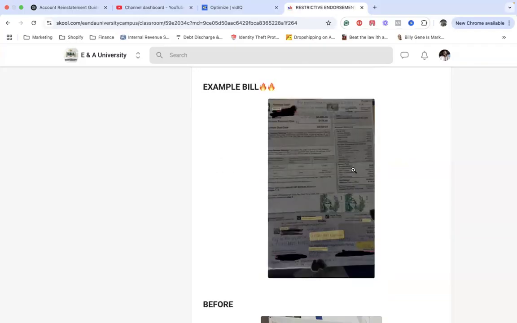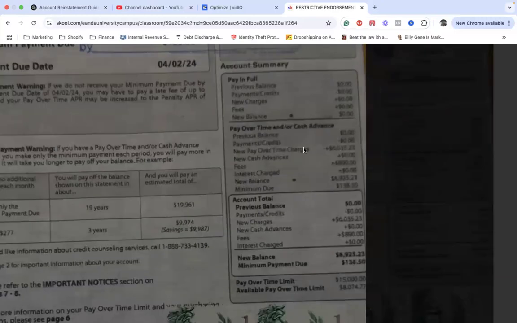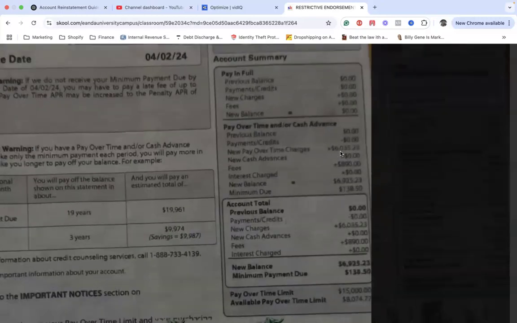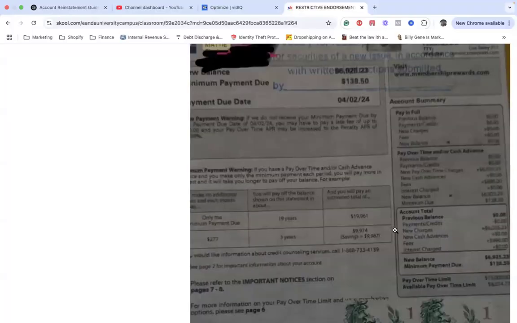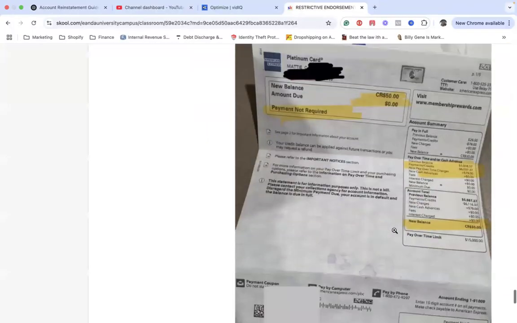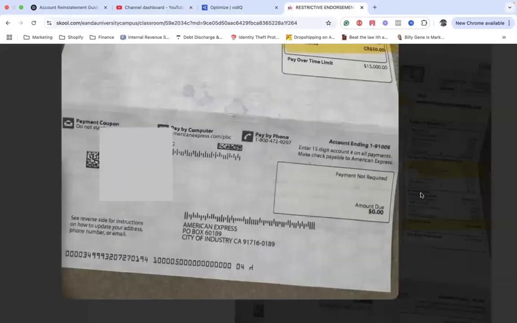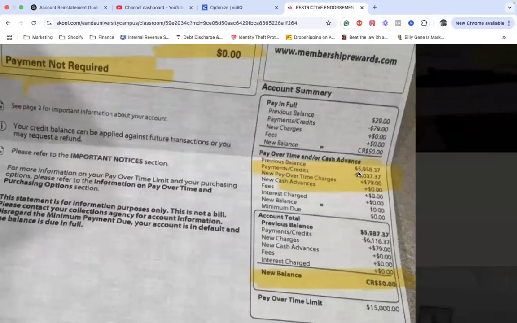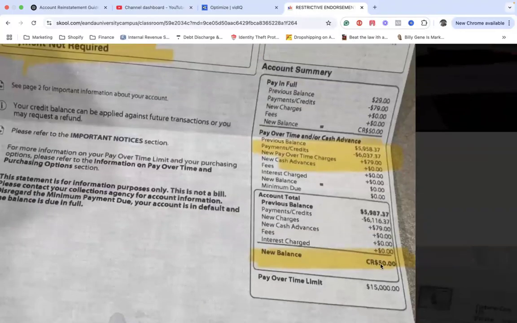But this is the result of what had happened. If you pay attention to the amount here of the charges, it was 6,035, and the payment was accepted. It was minus 6,037 with the balance of positive 50.